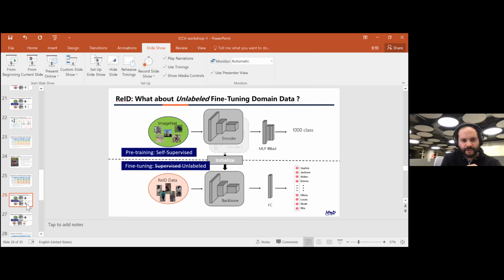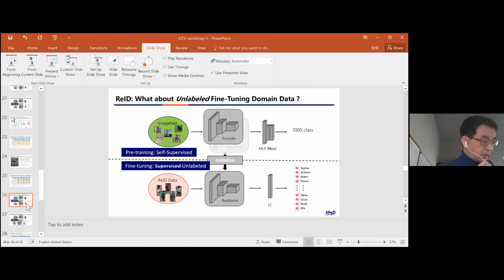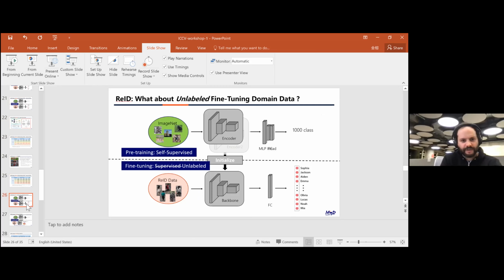You're already pre-training on a data set to distinguish different persons. Are you going to fine-tune again to distinguish other different persons? Why is the fine-tuning necessary? Maybe I'm missing something.